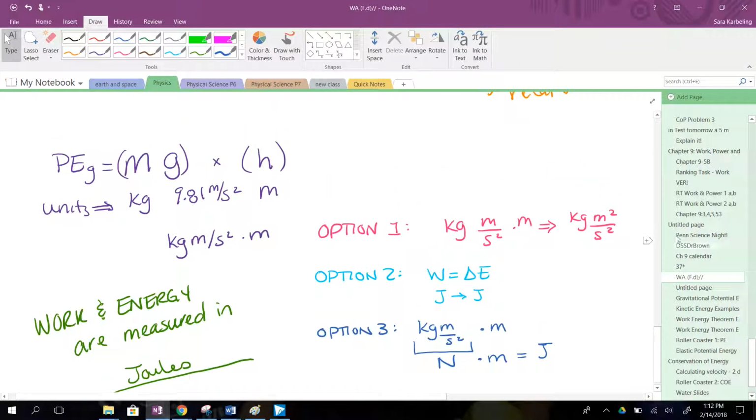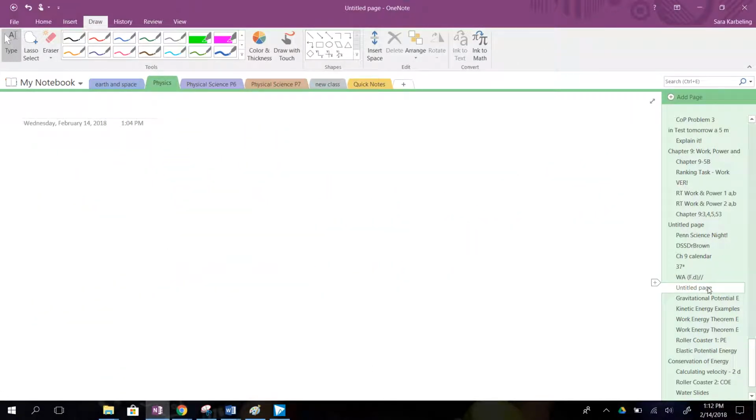Sweet. Okay. So now that we know that, number 7, you said you want to go over? Okay, let's do 7 first. Let's just do them all. Number 7 says: if you do 100 joules of work to elevate a bucket of water, what is its gravitational potential energy relative to its starting point? So we know that the work is equal to the change in energy, right?